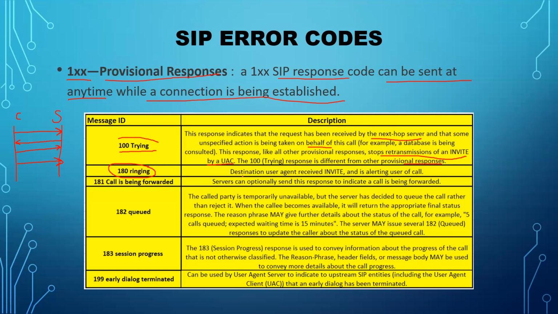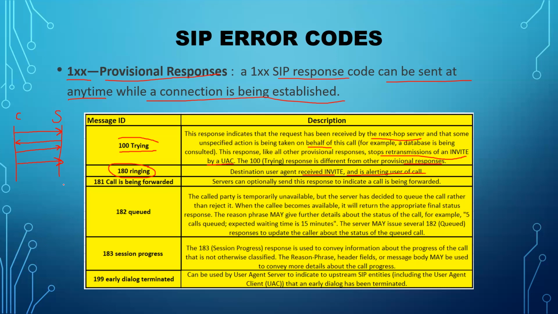That means the destination user agent received the INVITE. Destination would be the server in this case. The destination user agent received the INVITE message and is alerting the user of a call. On the client side, you will hear a ringback tone, ring, ring, like this, right?